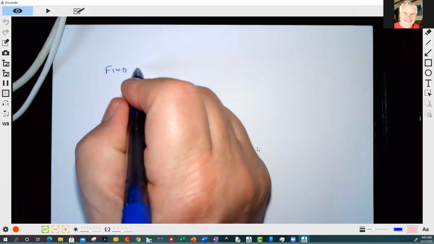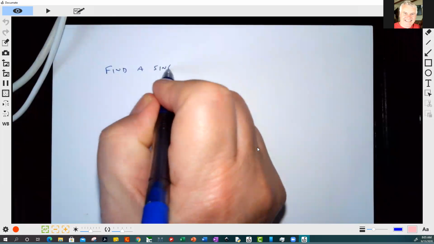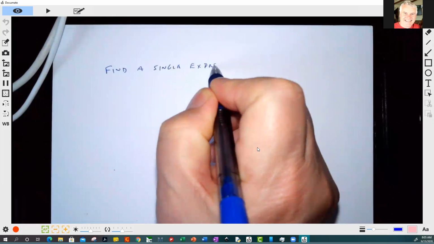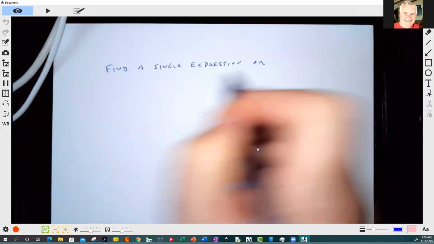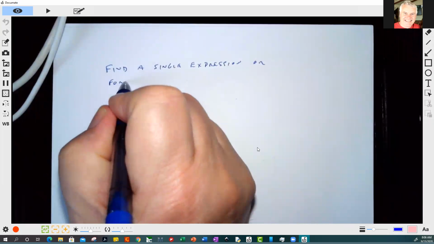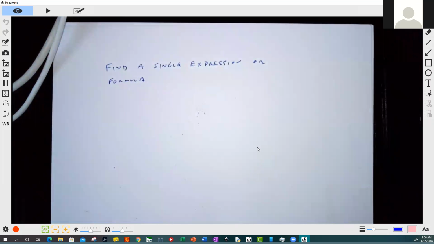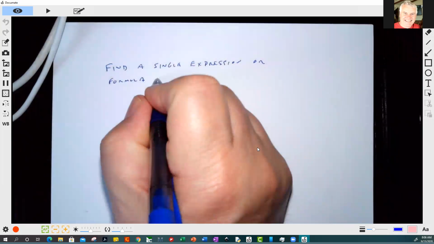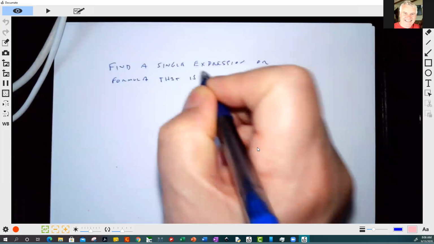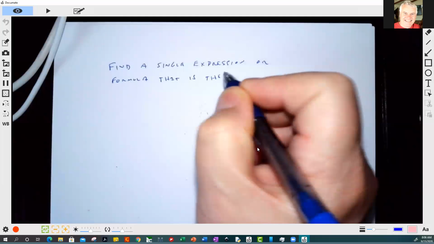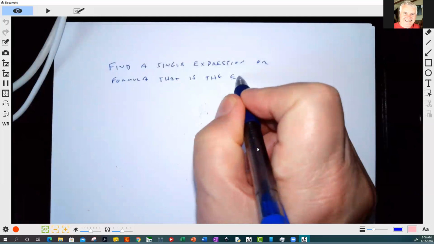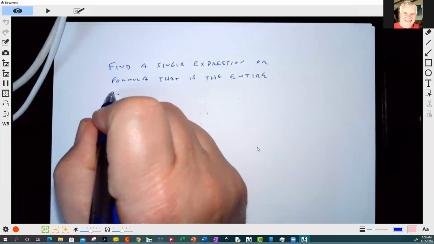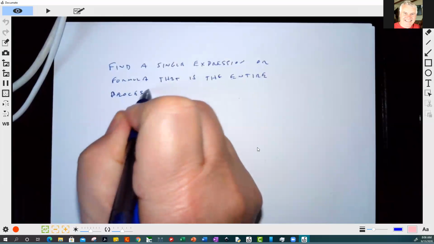And I like to find a single expression or formula that encapsulates the entire process, or that is the entire process, right?